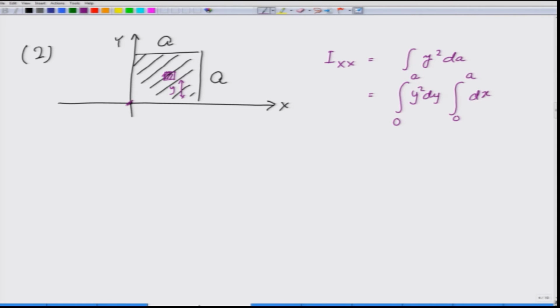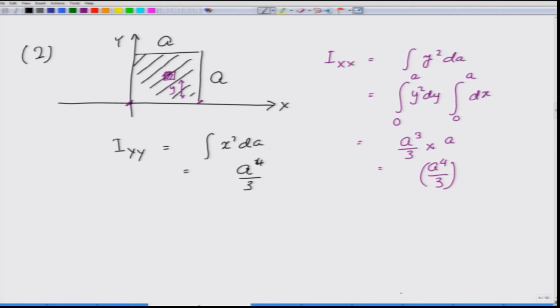The limits are from this point to this point, and this becomes a cubed over 3 times a, which is a raised to 4 over 3. Exactly the same distances are involved in calculating Iyy. So Iyy, which is equal to the integral of x square dA, would also give you a raised to 4 over 3.